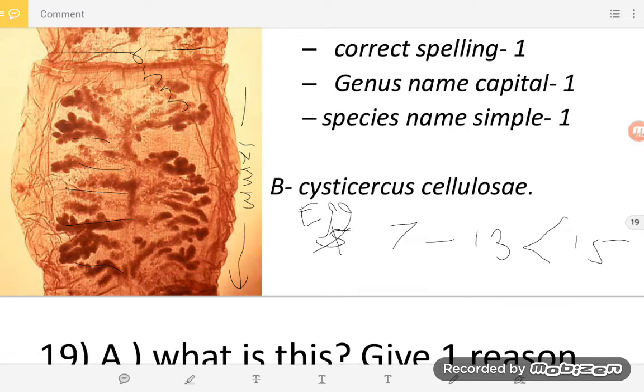But if the egg is the infective stage, the egg becomes the larva Cysticercus cellulosae and produces cysticercosis. This is very dangerous because it affects the nervous system and produces neurocysticercosis. It can lead to death.